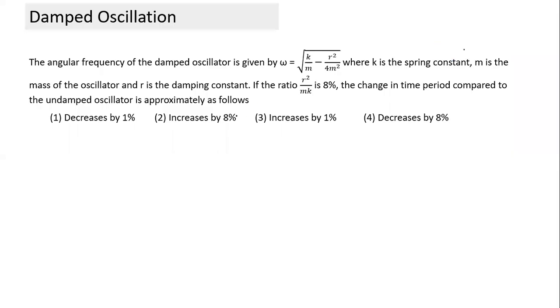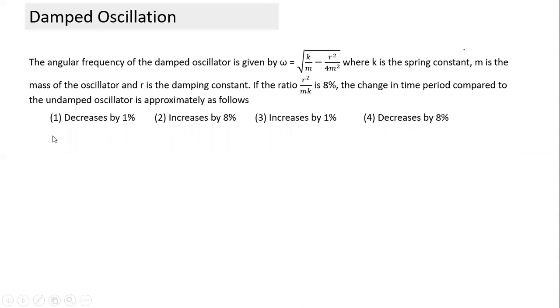The problem in these error kinds of questions is this. This is how omega is found. What we need to do here is, this ratio is given. We have to calculate the change in time period compared to the undamped oscillator. We know the formula for omega, but are time period and omega related? Yes, sir.